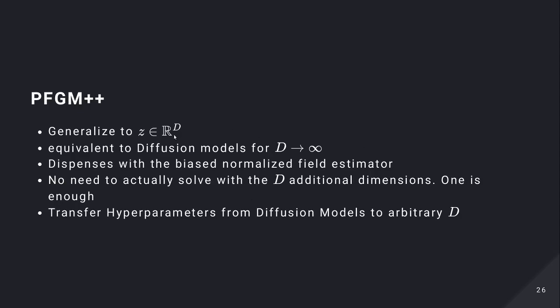And okay, you might say, you're adding dimensions, that means you have a larger ODE, but actually you don't need to. In practice, you add one dimension and D only intervenes in the equations, but no longer in the actual size of your problem, and so it's still just as efficient.